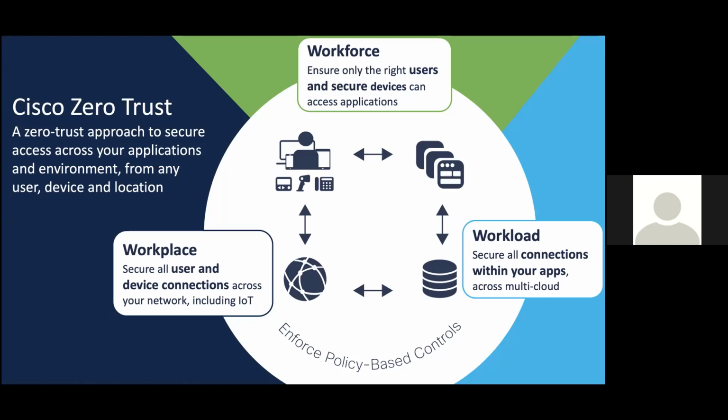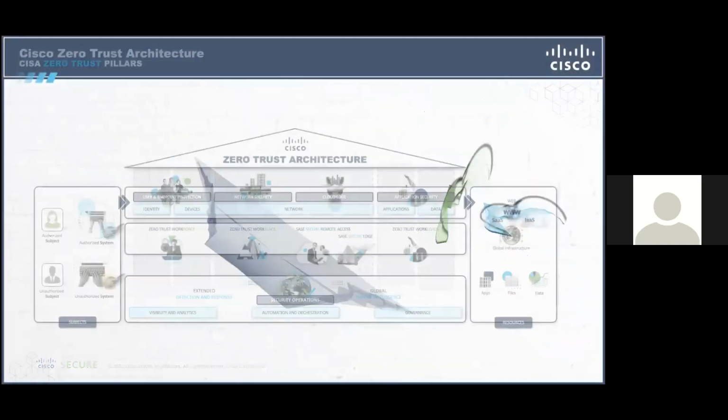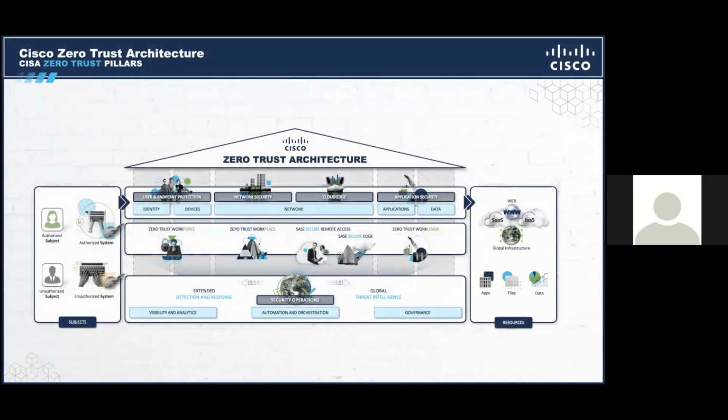And then the workload section, where we're talking about how we deal with all of our applications across all of our data centers, our cloud, anywhere where it resides, and how we provide the security to those segments. So we're going to do that deep dive into the workforce and workload, but I just wanted to touch on some of the other products that we offer to take across everything, and just the overall mapping.